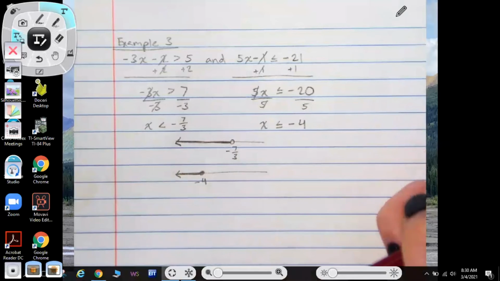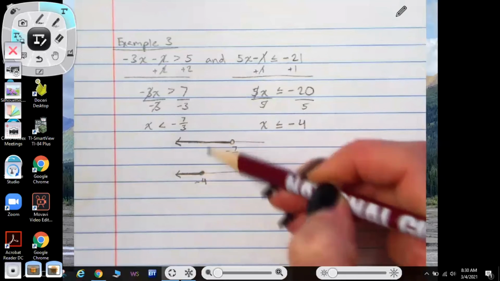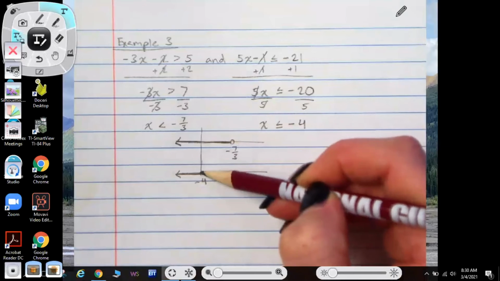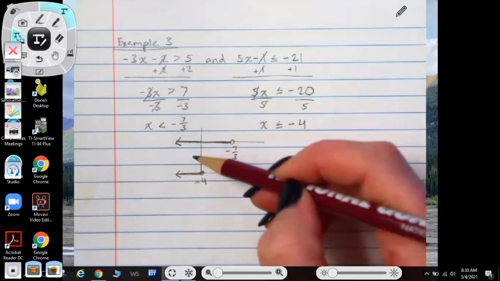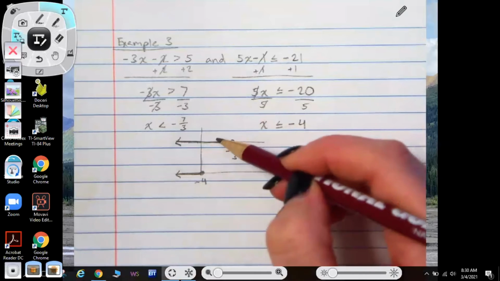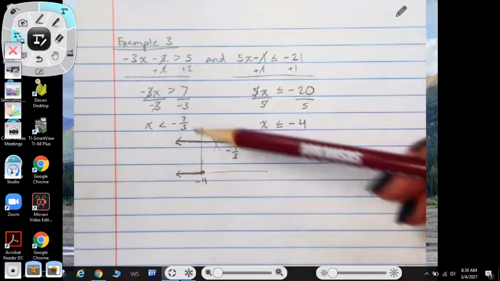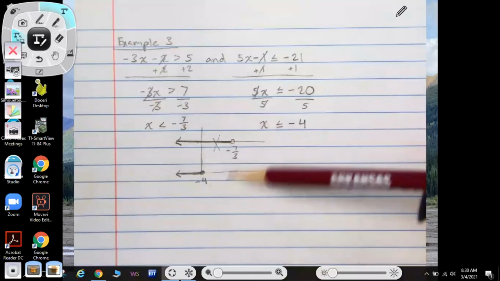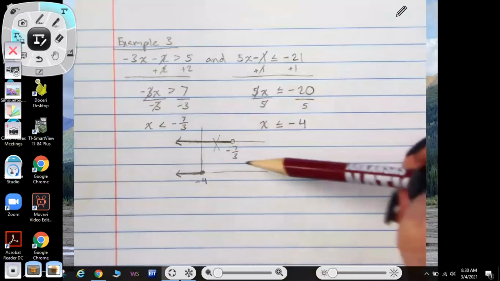So to find our solution, we just see which parts of our line are shaded on both of these graphs. And that's from -4 and to the left. This part of this graph that is shaded is less than -7/3, so it makes sense from this inequality, but it's not less than or equal to -4 as well.